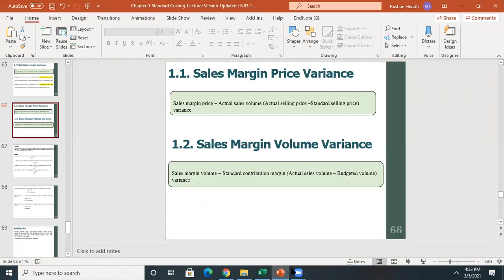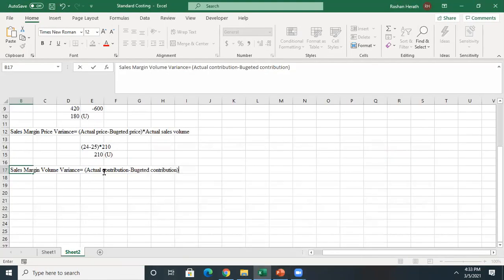Sorry, it's actual volume versus the budgeted volume, into standard contribution.